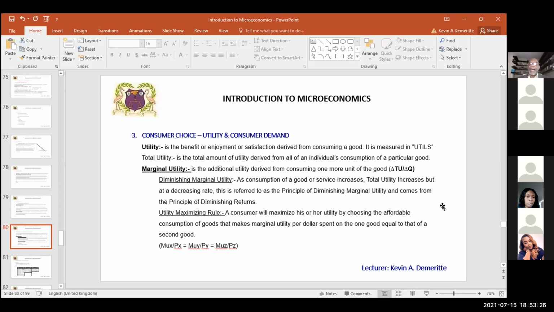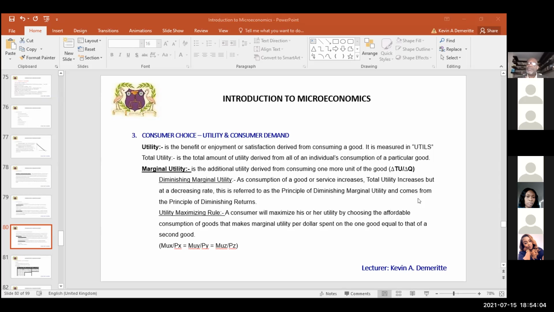And then we have what's called the utility maximizing rule. The utility maximizing rule says when we start looking at what we're going to choose to consume, a consumer will maximize his or her enjoyment, his or her pleasure, his or her bang for his buck by choosing the affordable consumption of goods that makes marginal utility per dollar spent on one good equal to that of a second good.